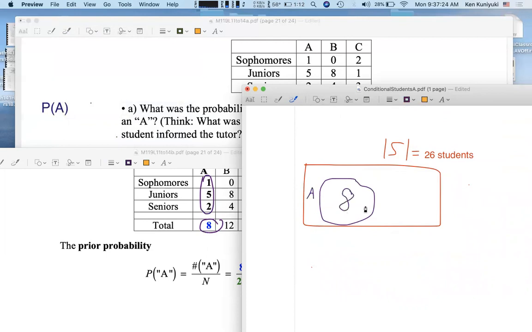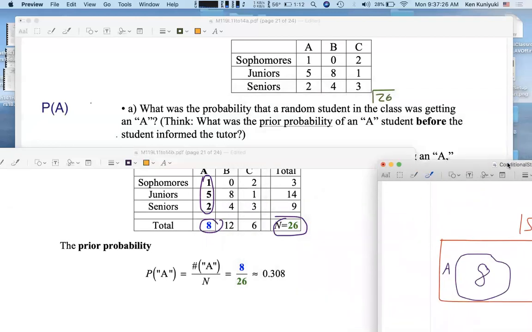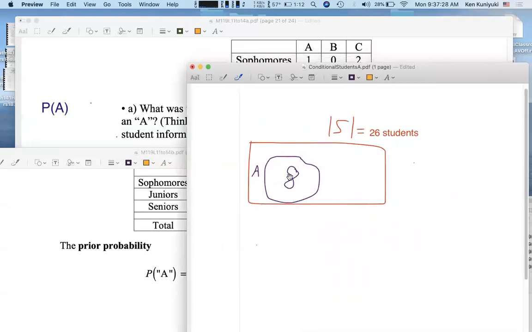So the probability that a randomly selected student is getting an A is 8 over 26. Imagine that this is 8/26 of the total area inside the red box. It's like throwing darts. What's the probability that a random dart thrown at the red box will hit the area inside the purple disk? 8 over 26.